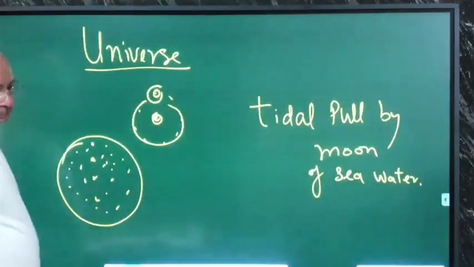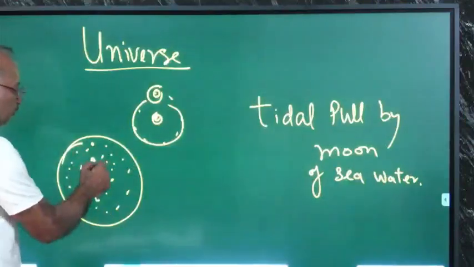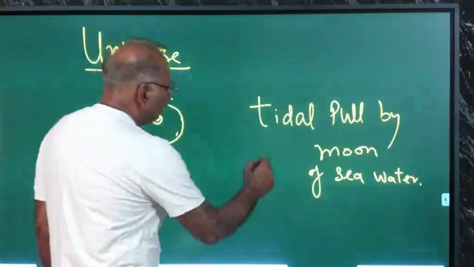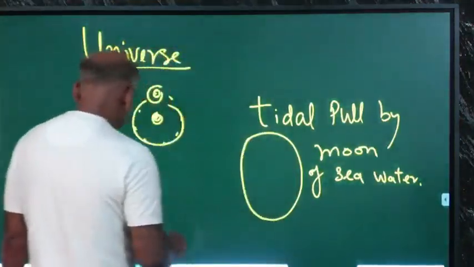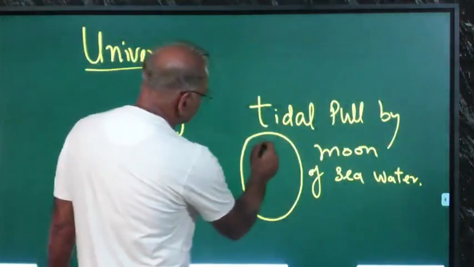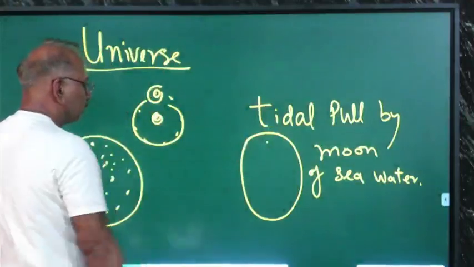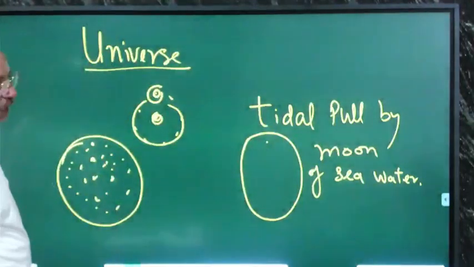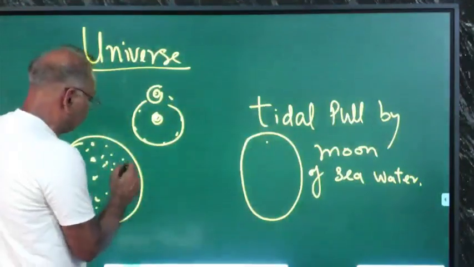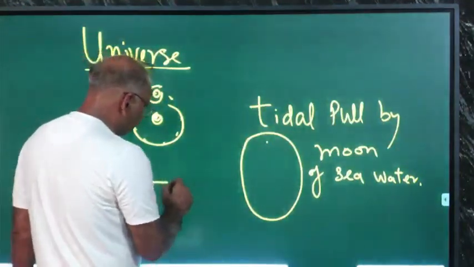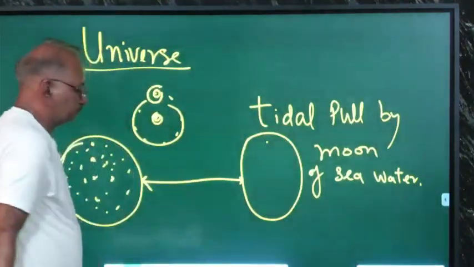Simultaneously, the whole rock, or each individual particle in this rock, is also attracting another rock. Each particle in this rock is attracting each particle of this rock, and in totality you can say that this rock attracts this rock and vice versa.